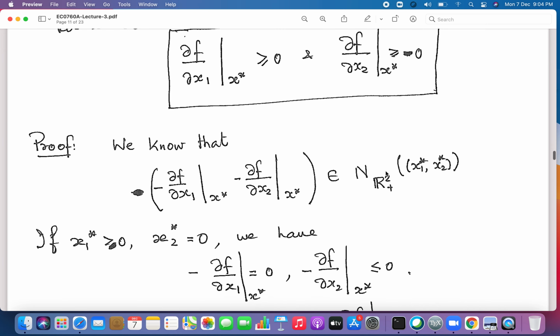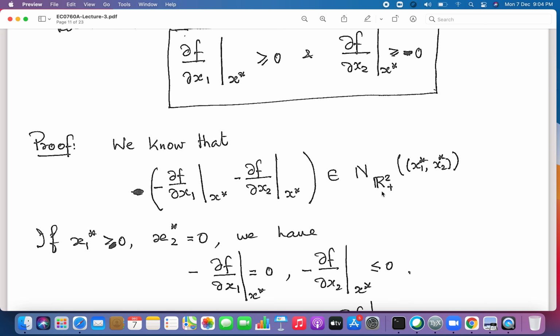Again, what is this? This is nothing but the gradient written in this form. And this is the element of this normal cone. Of course, you can write transpose here to be more correct, because if you take these as column vectors, you can always write transpose.